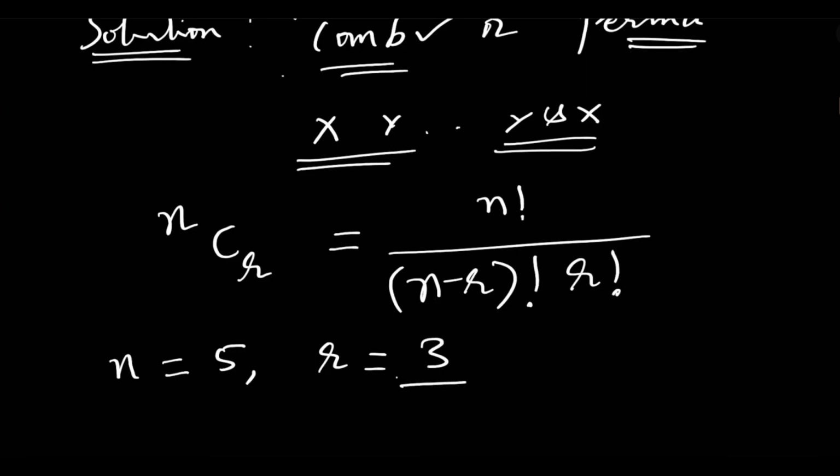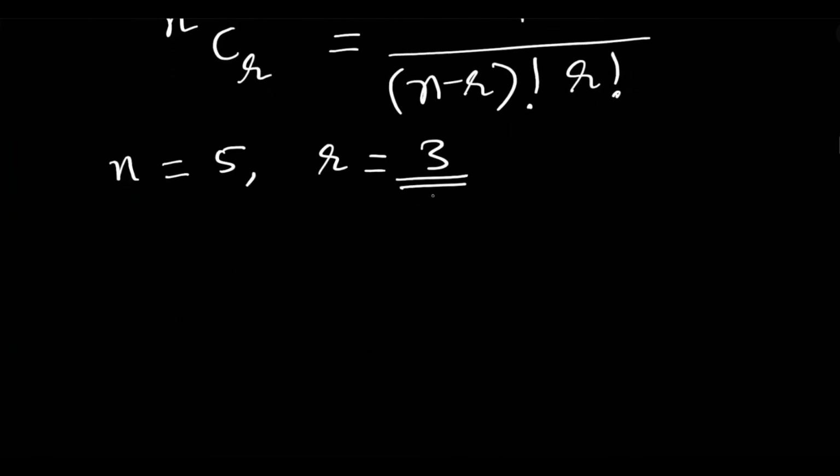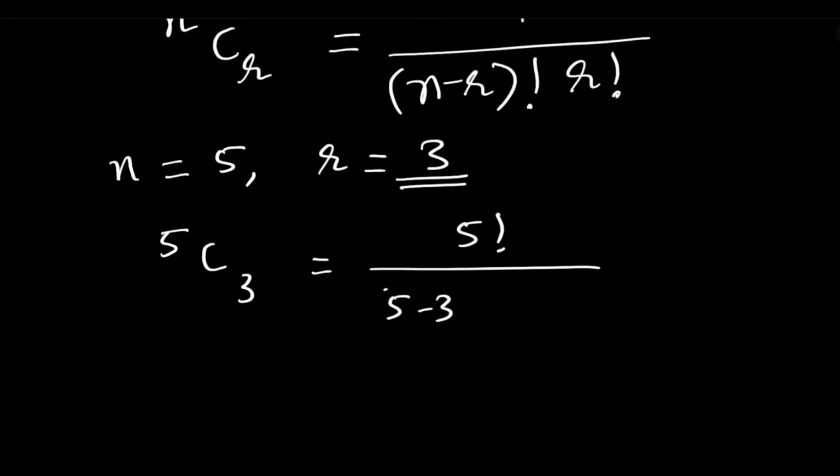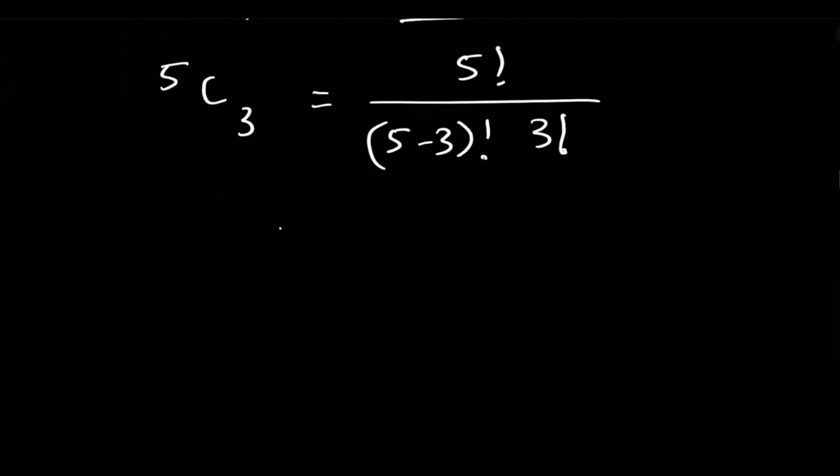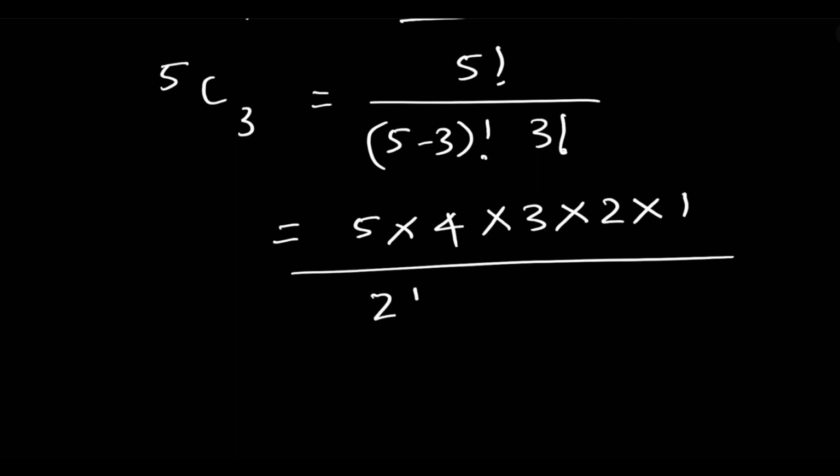Now nCr becomes 5C3. So 5 factorial divided by 5 minus 3 the whole factorial into 3 factorial, right? Now let us simplify that. 5 into 4 into 3 into 2 into 1, whole thing divided by 5 minus 3 is 2, 2 factorial into 3 factorial.